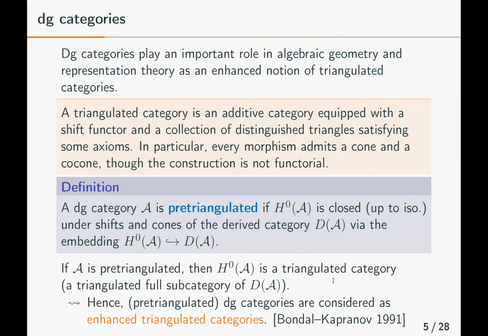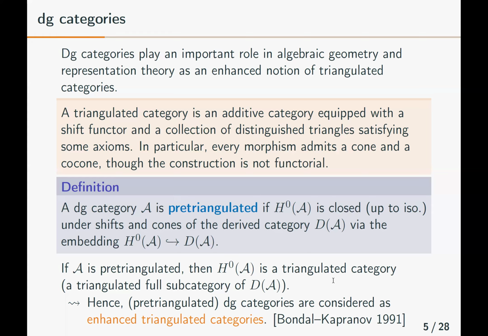In particular, every morphism admits a cone and a cocone, which is like a mapping cone of a morphism, though the construction is not functorial.